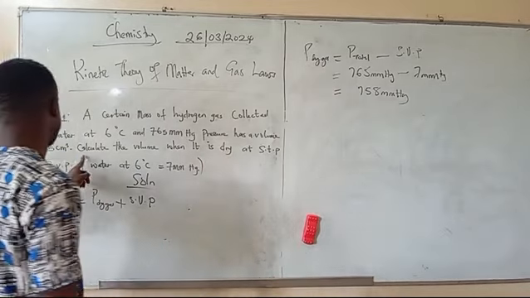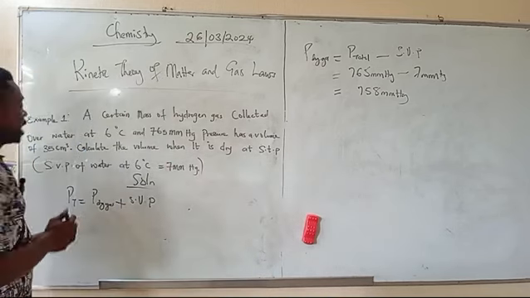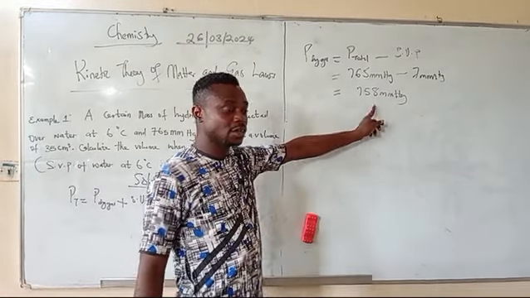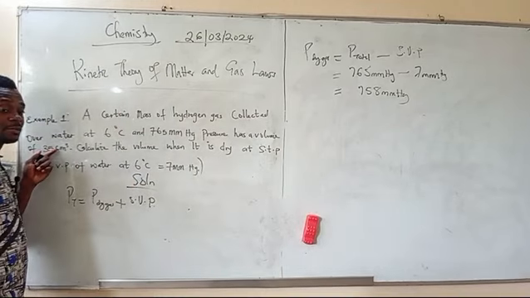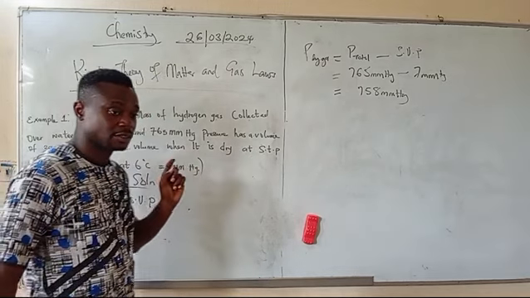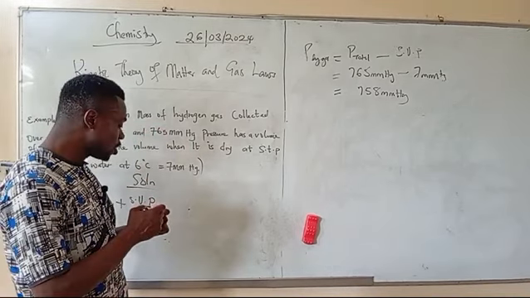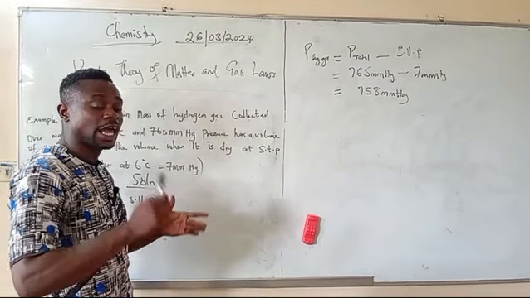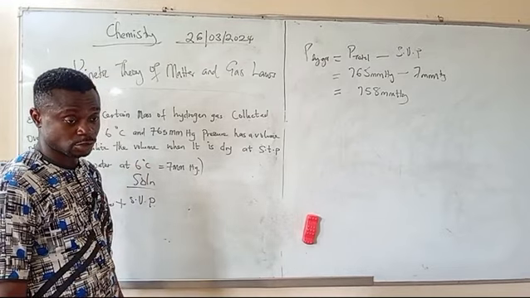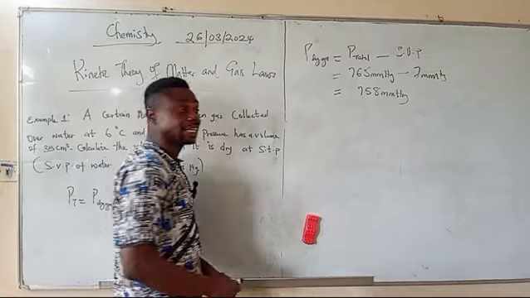Let's calculate the volume at STP. We have pressure, volume and temperature, so we use the general gas equation: P1V1 over T1 equals P2V2 over T2. From what we have said so far, let's set the parameters. P1 is what?